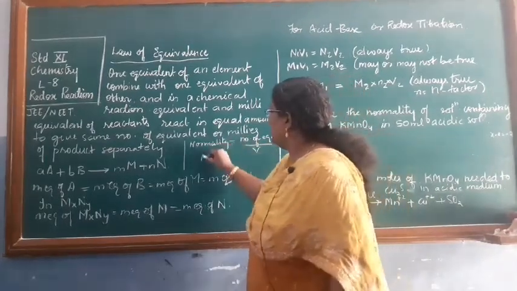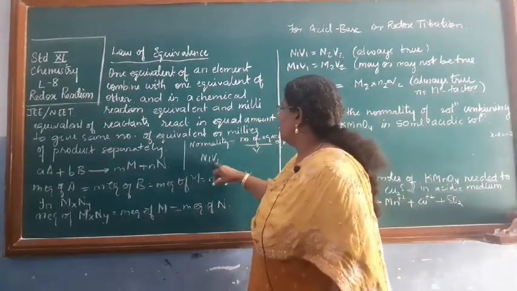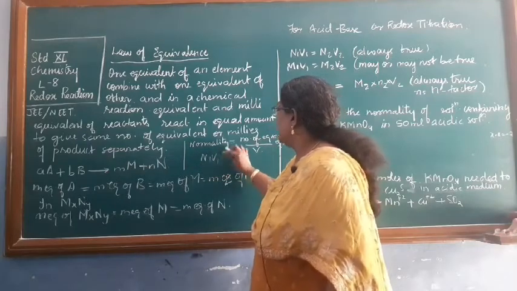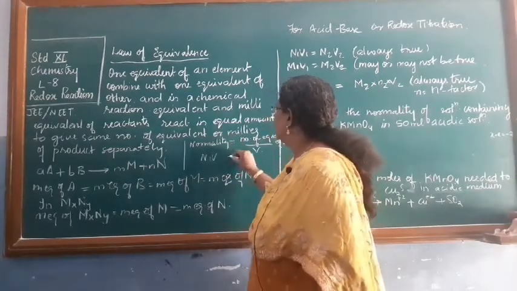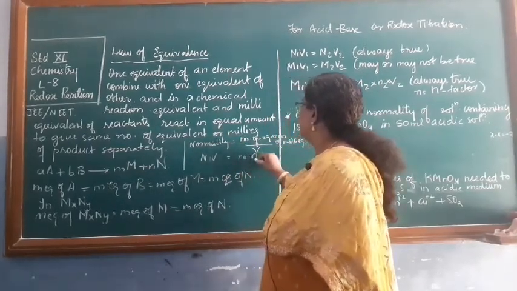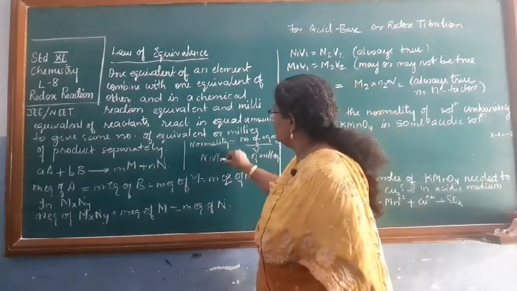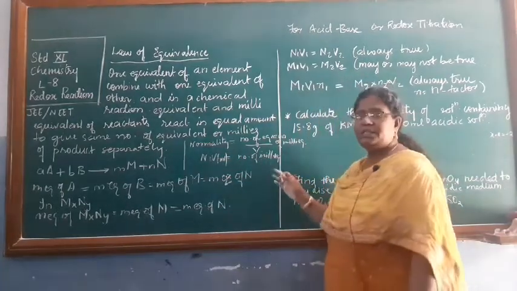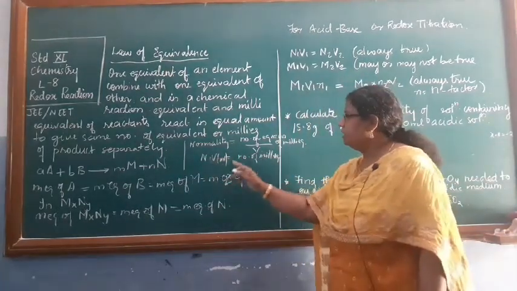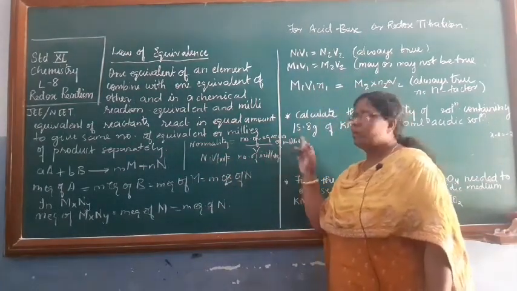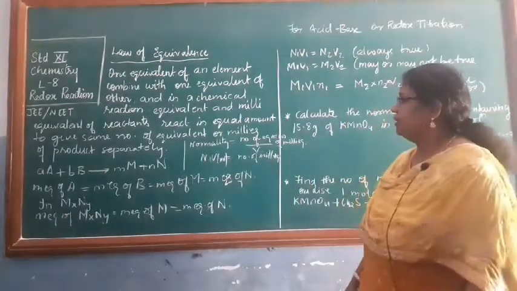So when I take N1V1, or N into V, that will be equal to the number of milli equivalents if your volume is in ml. If your volume is in liters, then N into V will be equal to the number of equivalents. That is how it is.